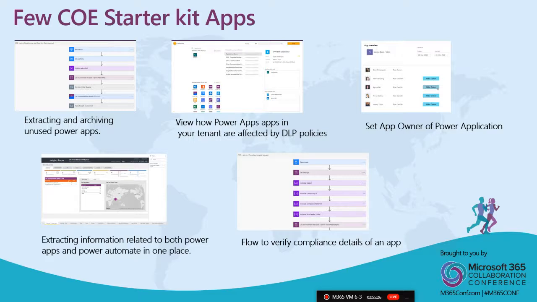Those types of approval or auditing processes can be started by the flow available in the COE kit, which you can use in Power Platform adoption and innovation. So let's move further.